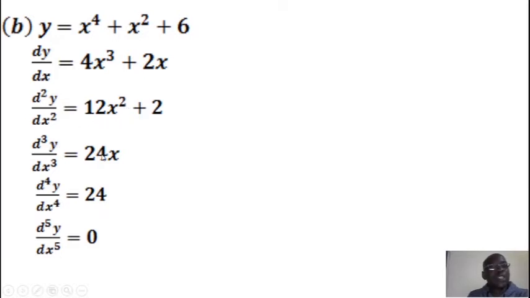The third derivative gives us 24x, and when we differentiate this to get the fourth derivative, we get 24. You can see we have differentiated 4 times, this power 4, and we have gotten something different from 0. Immediately we exceed this highest power, the derivative becomes 0.